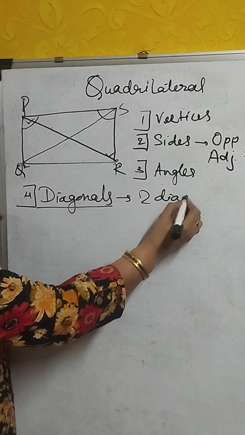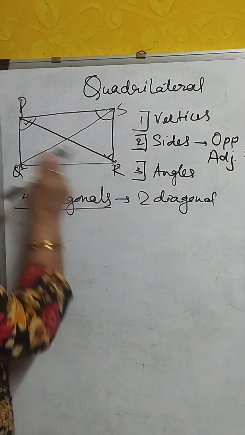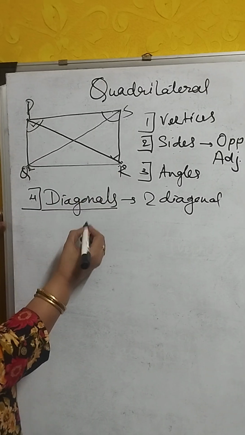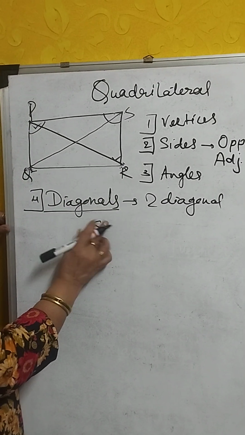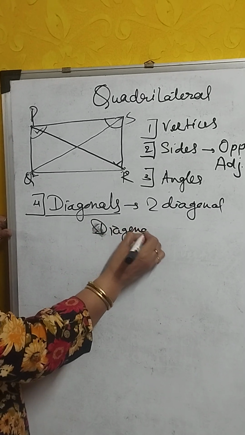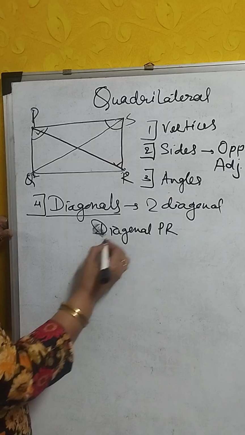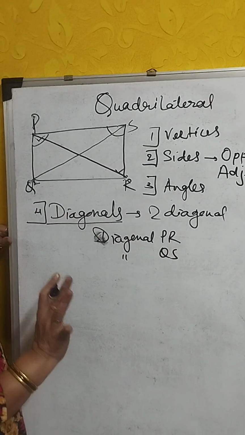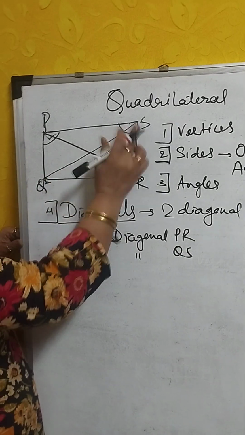Two diagonals. What is a diagonal? A diagonal is the segment which joins opposite vertices. Means here two diagonals: diagonal PR and diagonal QS. Two diagonals are there which join opposite vertices.